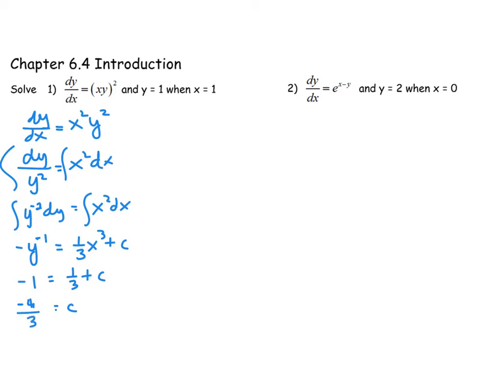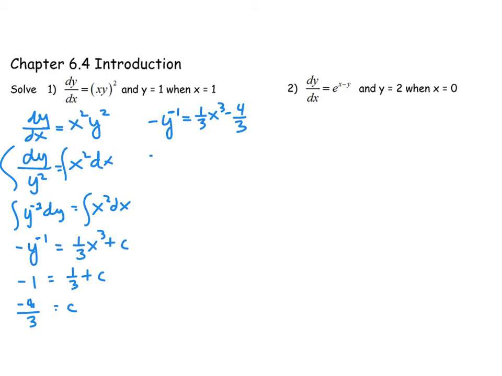So my equation then will be negative y to the negative 1. We're going back to the equation that we got when we first solved it with the plus c in it, and we're going to replace c with negative 4/3. So it equals 1/3 x cubed minus 4/3.